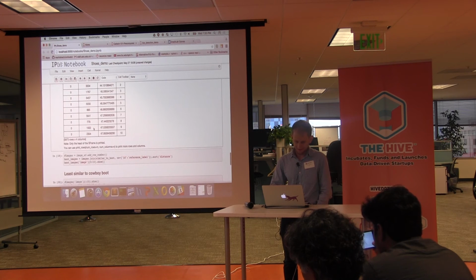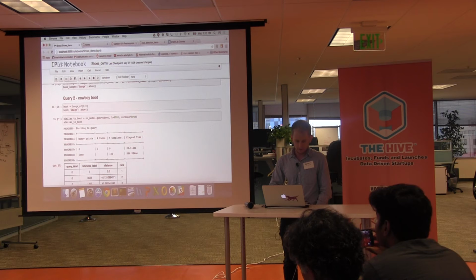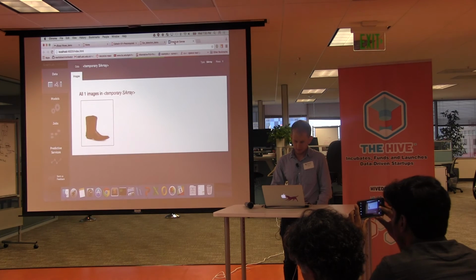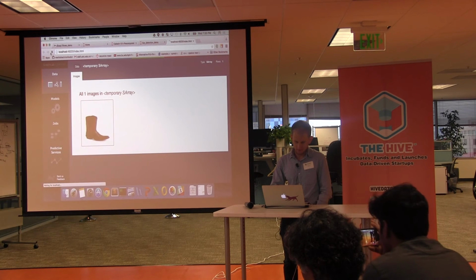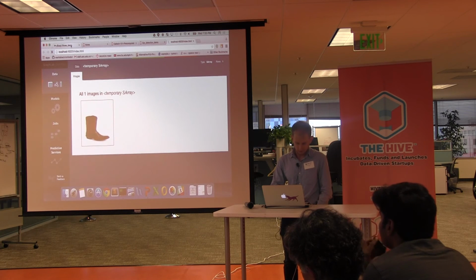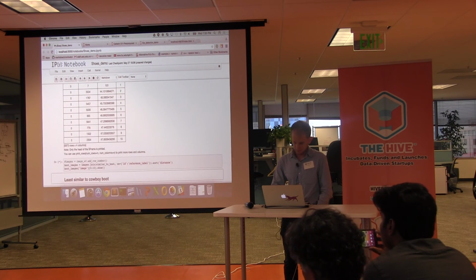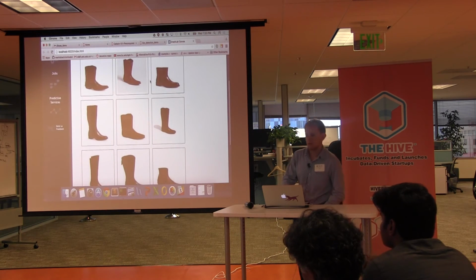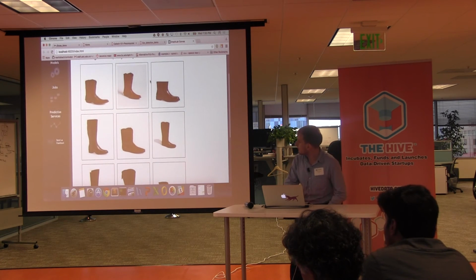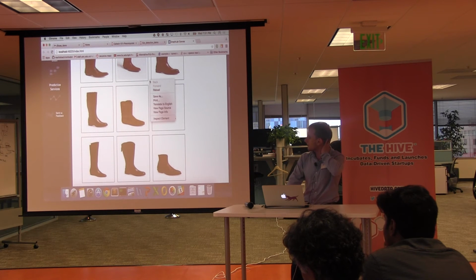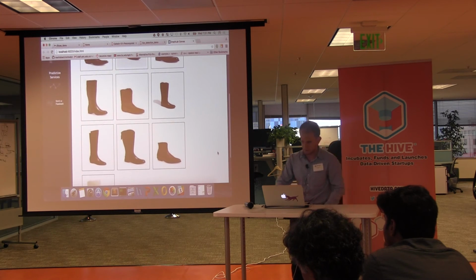Now we can show the nearest neighbors. I see, it's still querying. There we go. And so, as you can see, all of the resulting images are cowboy boots.